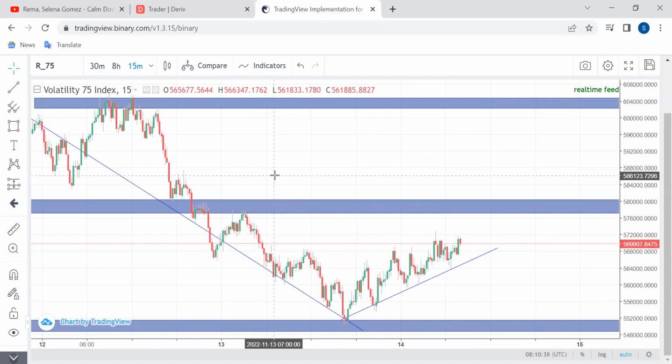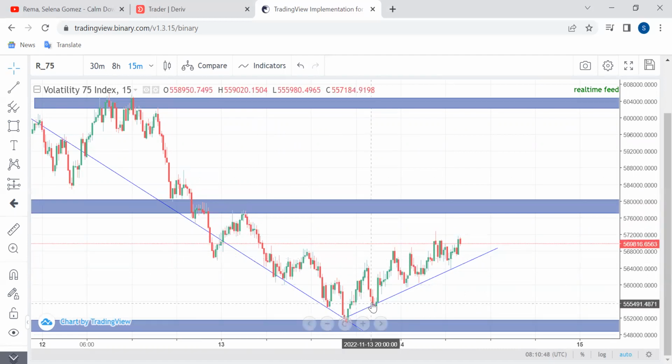So now I would want to look for entries. And now, after identifying the trend, it's trending uptrend, but it's not one single movement.